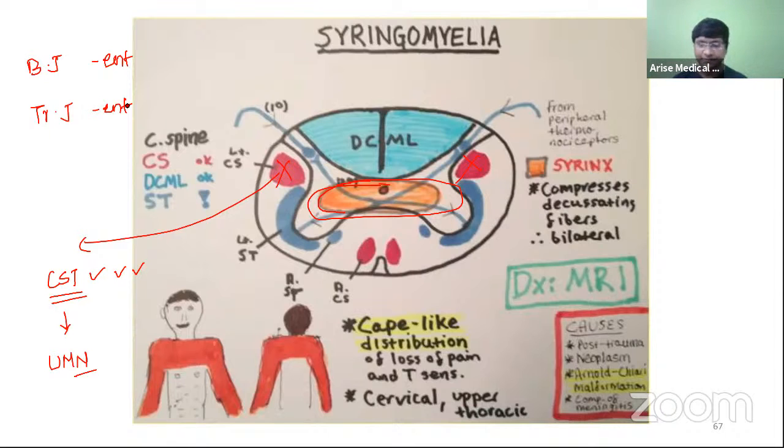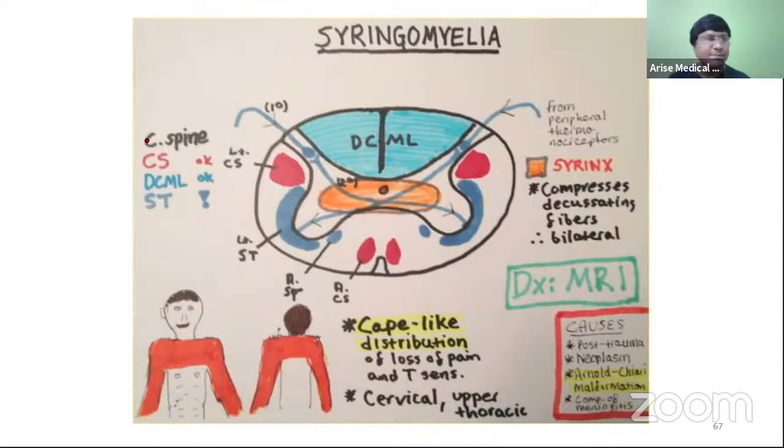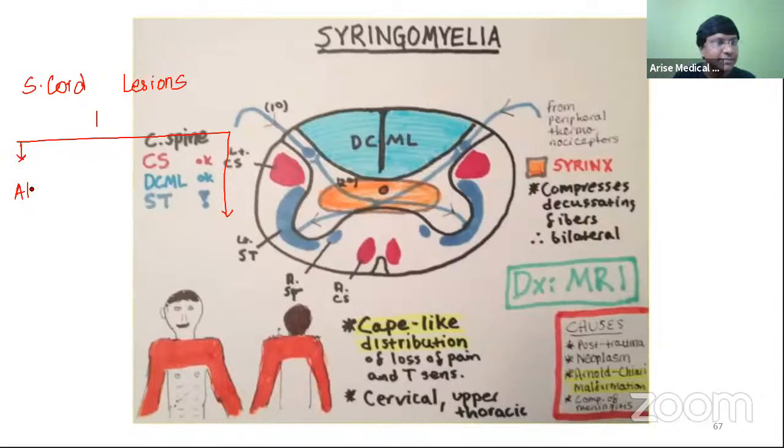Now let me explain that. In spinal cord lesions, remember, at the site of lesion, you will have LMN palsy.